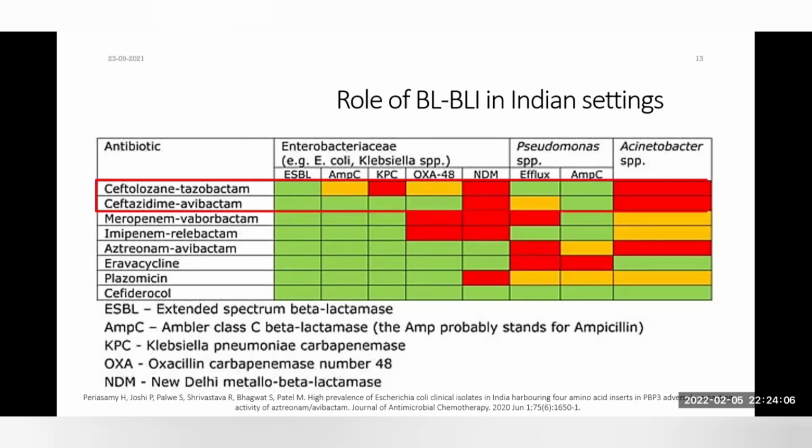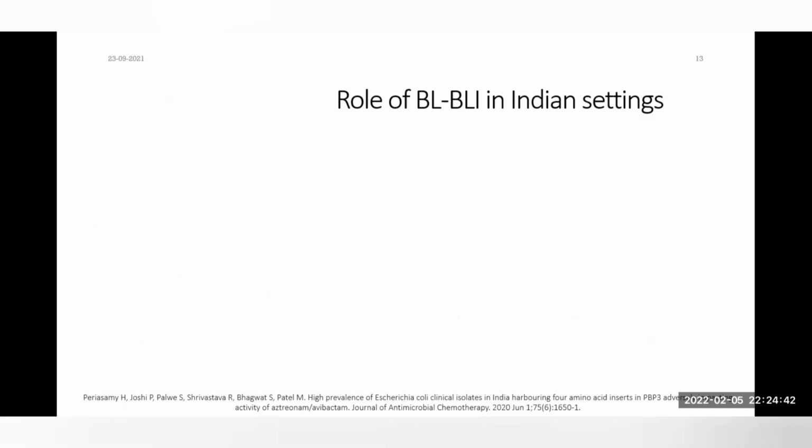You can see most of these newer combinations like meropenem-vaborbactam, imipenem-relebactam and aztreonam-avibactam are not currently available, and aztreonam-avibactam is currently in phase 3 of the trial. Most of these will not have any action on your NDM, which is nothing but metallo-beta-lactamases. And other agents, cefiderocol, plazomicin, and eravacycline are currently not available in India.